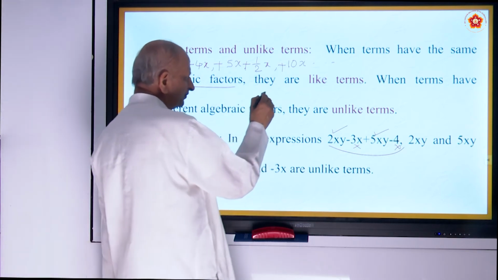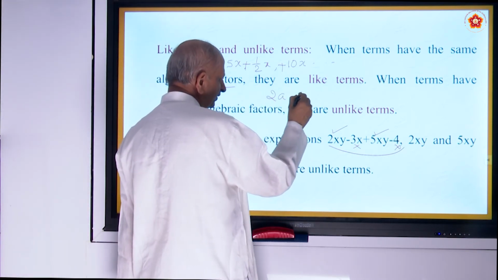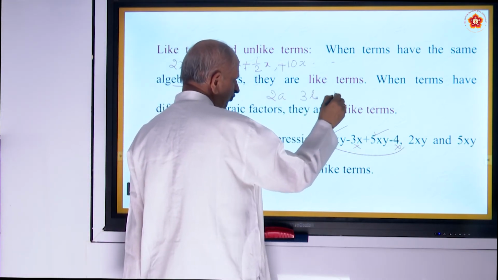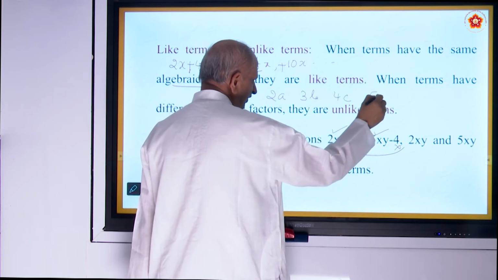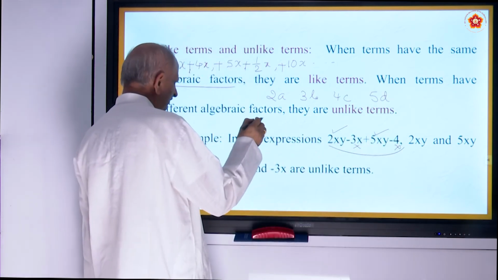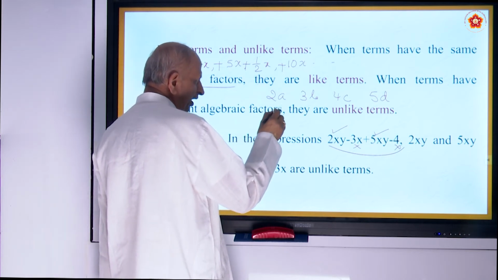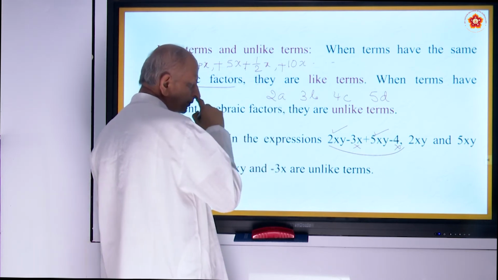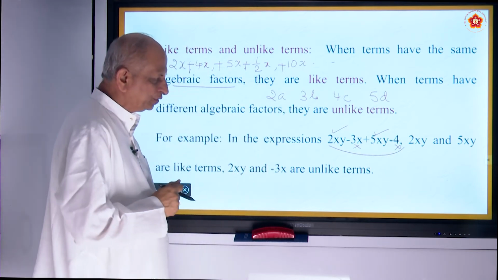Coming to unlike terms, 2a, 3b, 4c, 5d, etc. They are called unlike terms because all the terms are different. And suppose you want to add, what you must do?